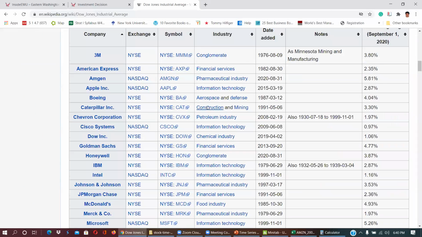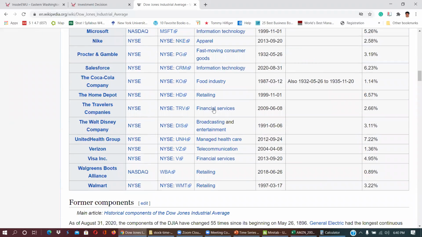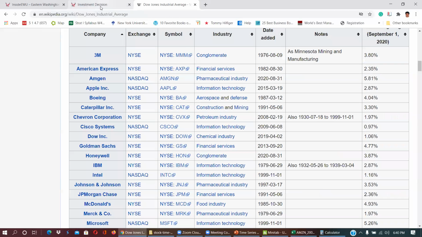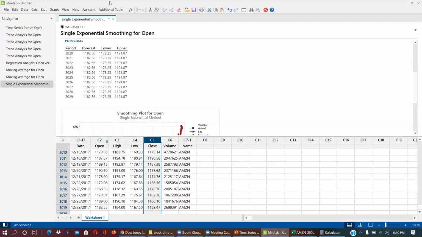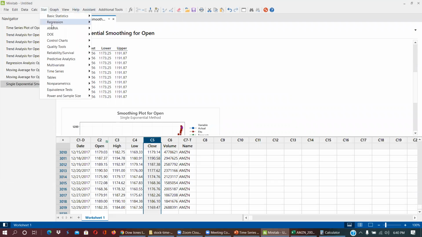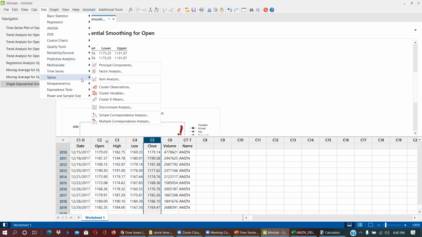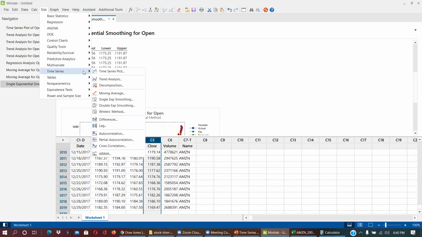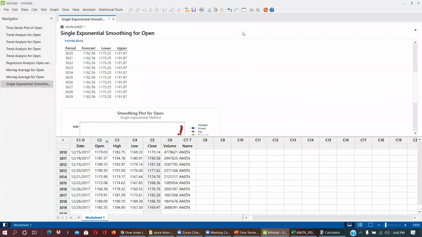So how would they calculate this? This is a weighted index. Let me do a very simple calculation in order to explain this. Do we have index in this stat? Time series. Okay, let me do this very simply.